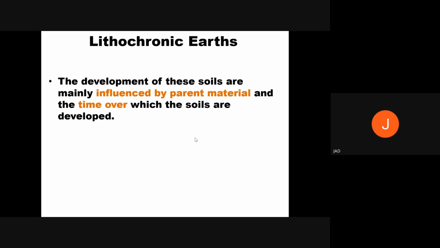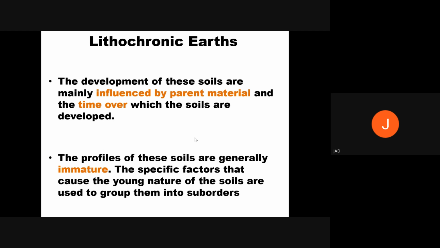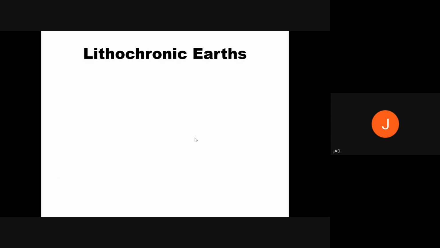But when you use that term, that's the meaning. So the development of these soils is mainly influenced by the parent material and the time over which the soils are developed. The profiles of these soils are generally immature. I think I said that earlier on. The specific factors that cause the young nature of the soils are used to group them into sub-orders. So we have the chromic or lithochromic classification. So we have the lithopeds.